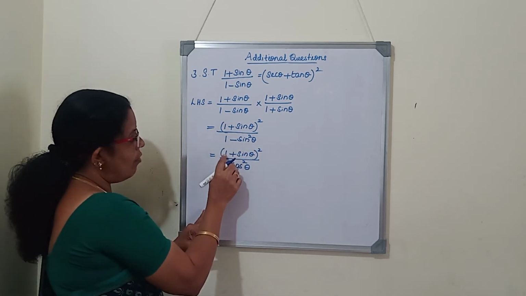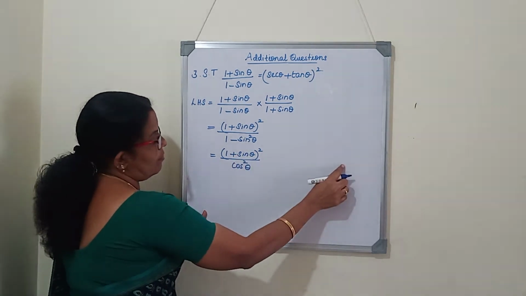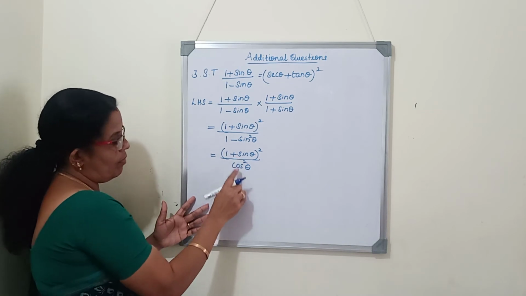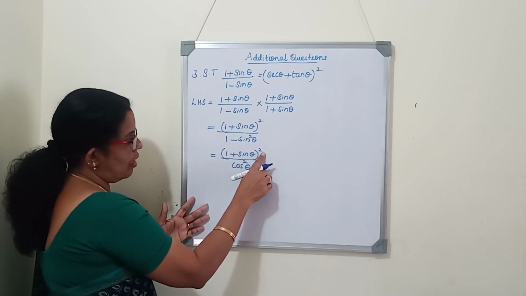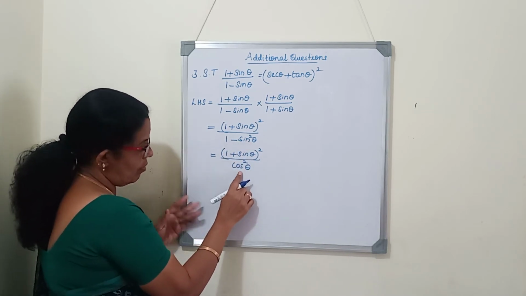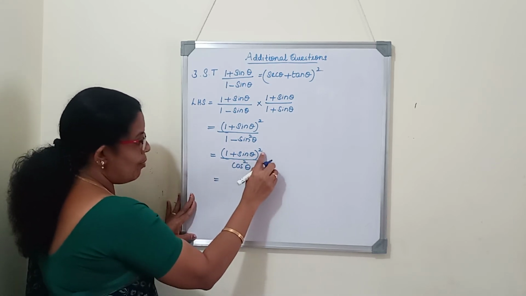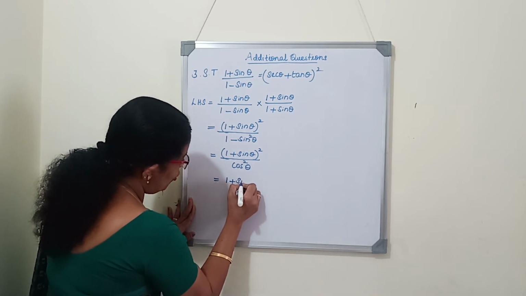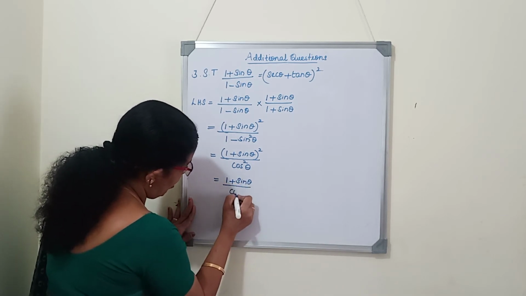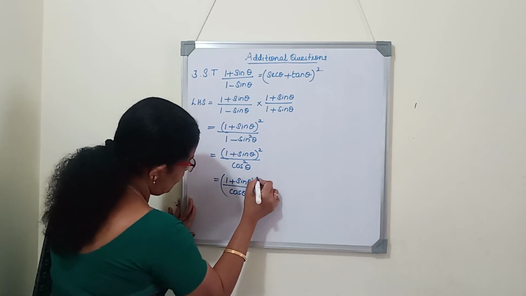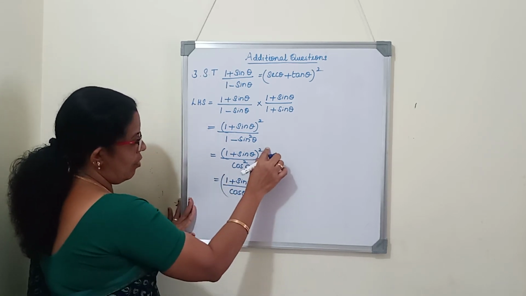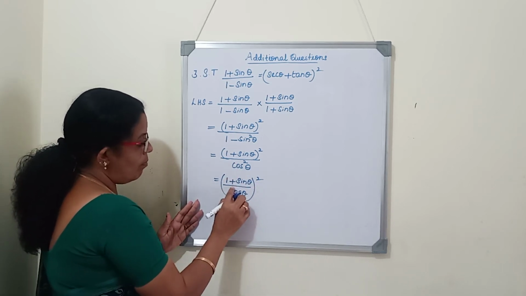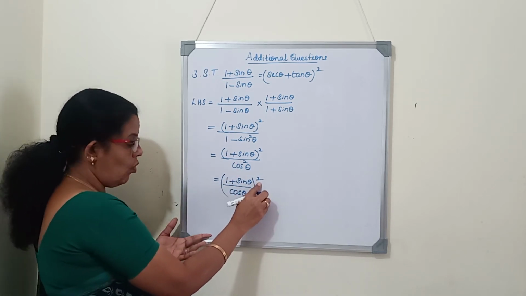So here after getting (1 plus sin theta) the whole square, if you want we can expand and do it, then even though we will get the answer, but still I will do it in a short method. So we will write (1 plus sin theta) whole square, denominator 1 minus sin square becomes cos square. Now numerator is also a square, denominator is also a square. I will write together, numerator and denominator, the whole square. So numerator is 1 plus sin theta, denominator is cos theta, written in the form (1 plus sin theta) by cos theta the whole square.